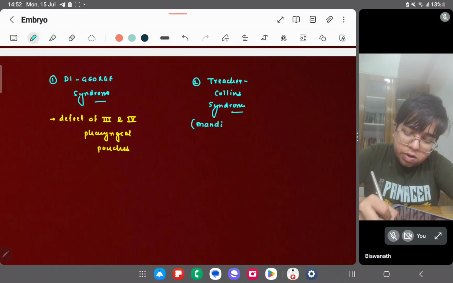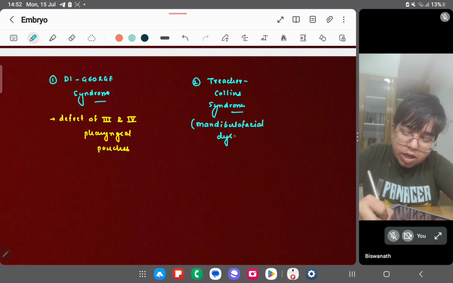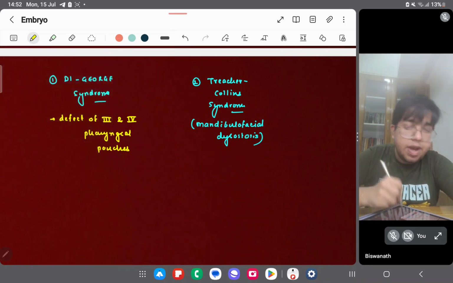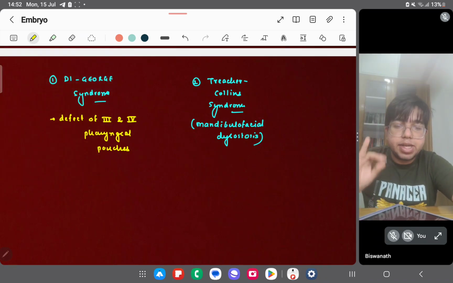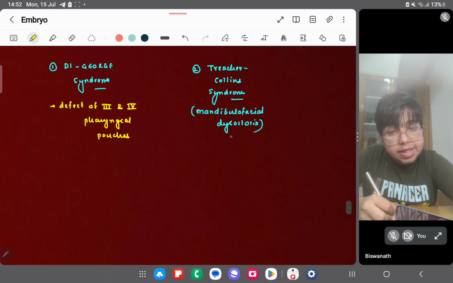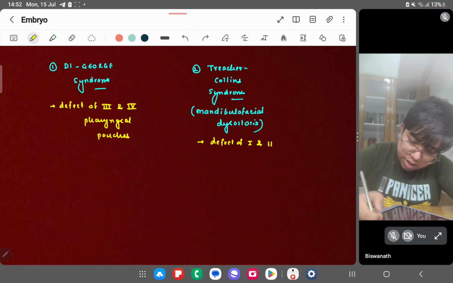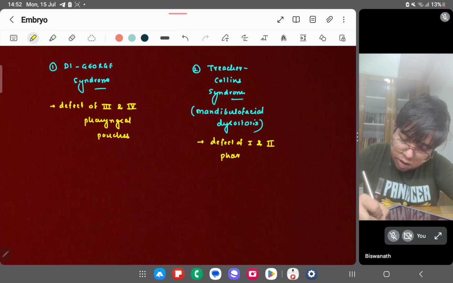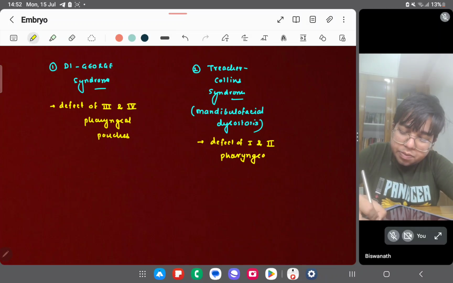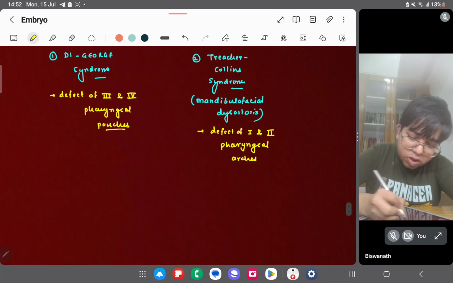Mandibulofacial dysostosis. Okay, and here we have the defect of first and second pharyngeal arches, not pouches, arches. Here I have the pouches and here I have the arches.